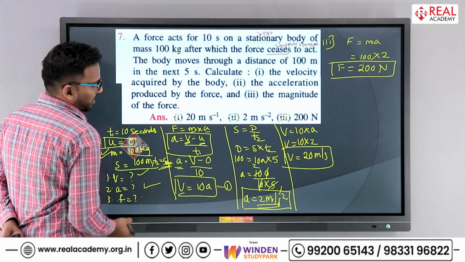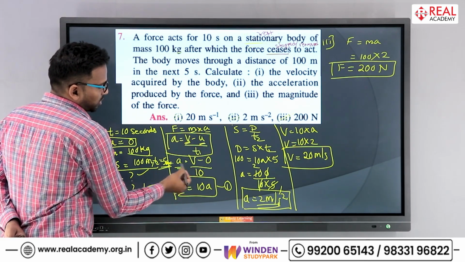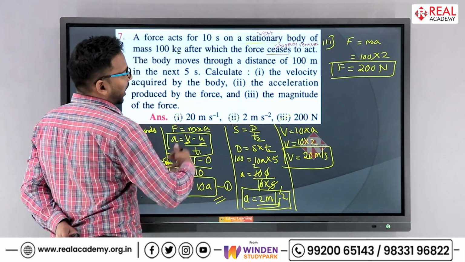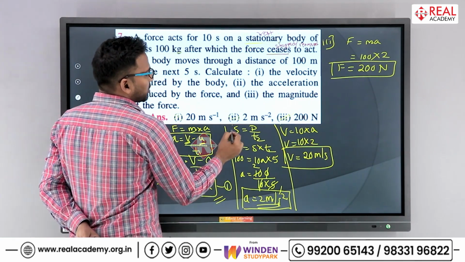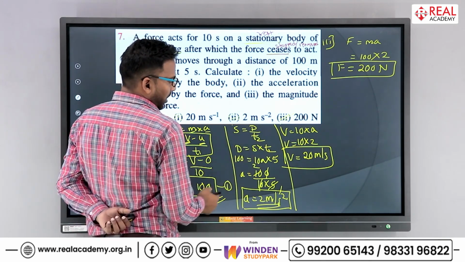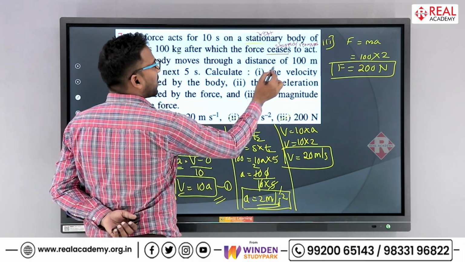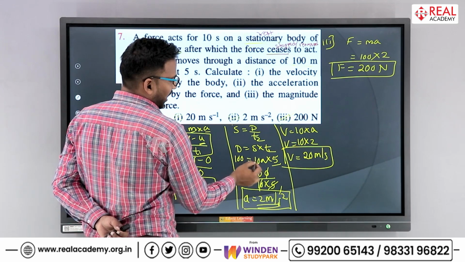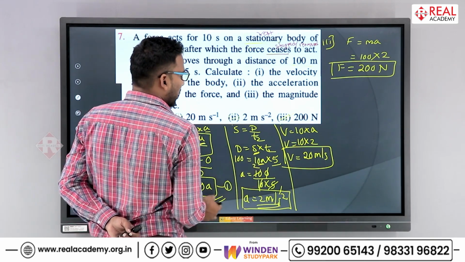So what is the equation? Equation built for velocity is V is equal to 10 times of a. So we will use this V is equal to 10a in the next part, that is speed is equal to distance upon time. Then distance is equal to speed into time, right? So distance is 100 meter traveling for 5 seconds. Then what will be the acceleration from there? And what about the velocity?